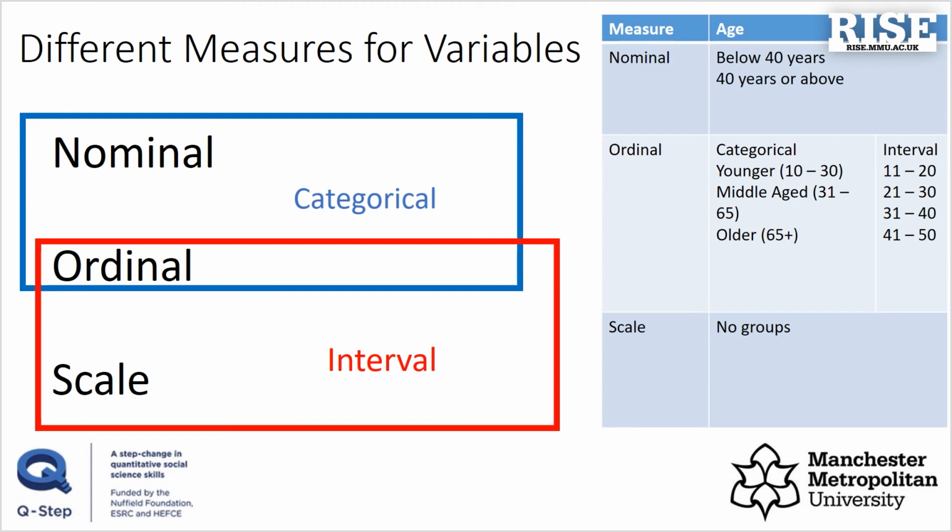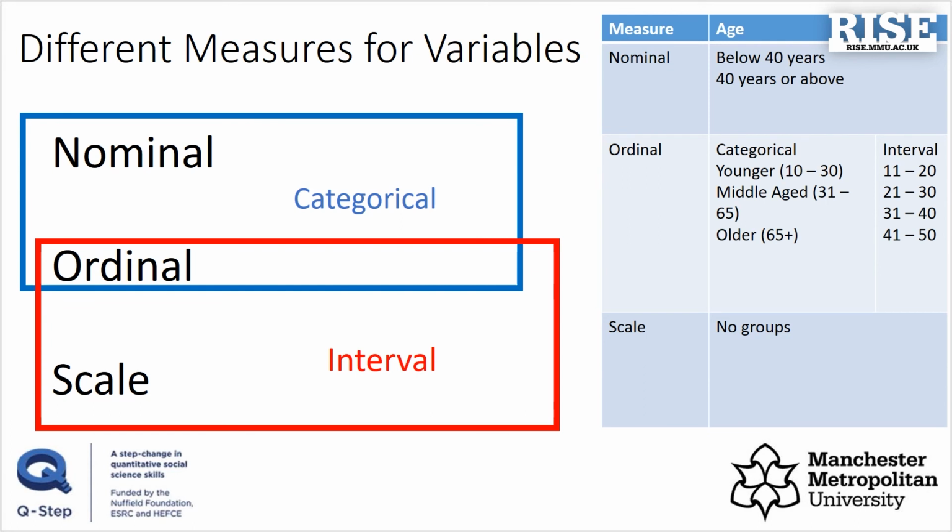So in that example, you can see it's 9 years in each interval or each group. With categorical, the ranges are very different. We've got a range of 10 to 30 and then a much bigger range of 31 to 65. And that's the difference between categorical and interval. Interval requires a consistent distance between the numbers.